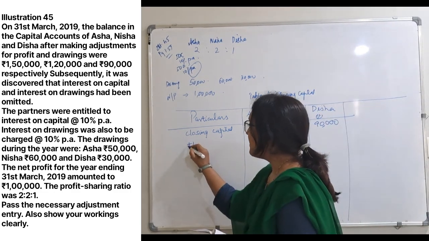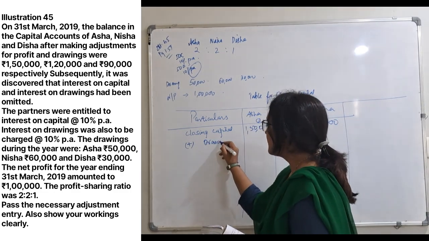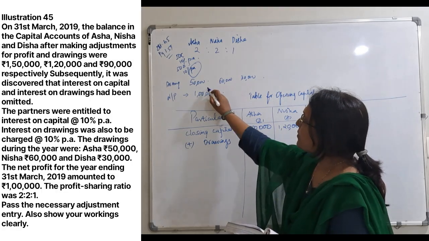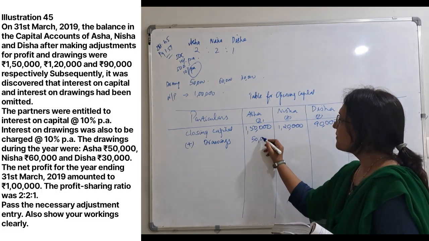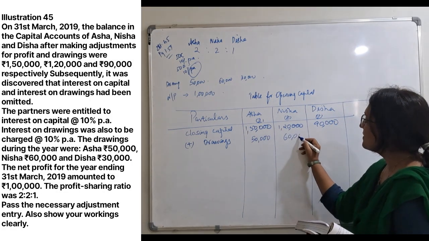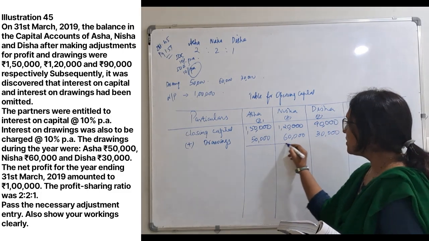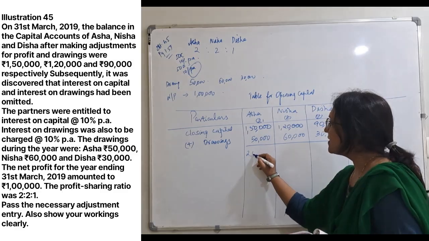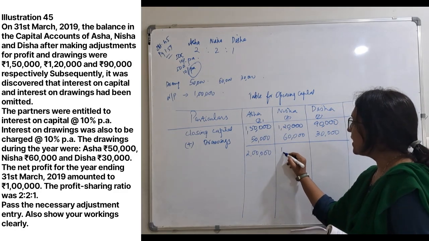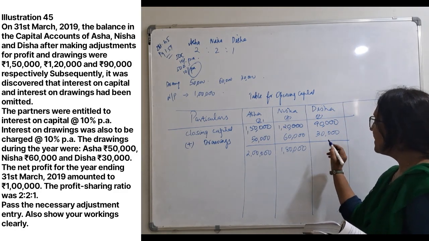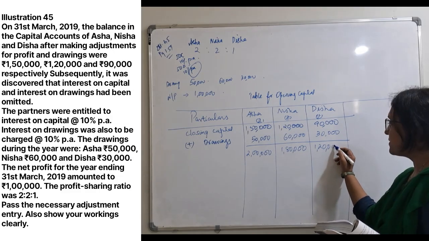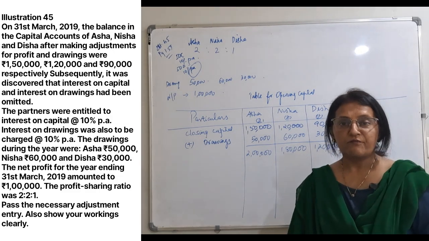Drawings will be added back. How much are the drawings? 50,000, 60,000 and 30,000. So the total now is 2 lakhs, this is 1,80,000 and this is 1,20,000. Fine.